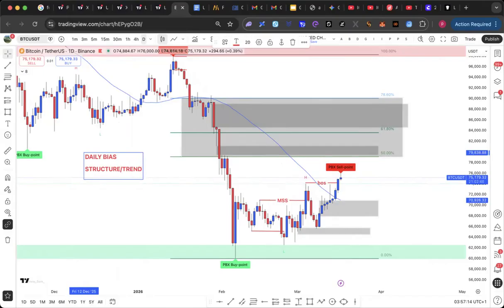Then next is that they care about PDRs. All right, so PDR is an area of interest. Then next is entry model.